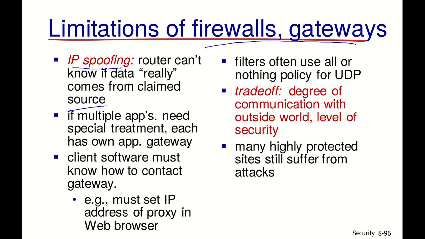It only checks the destination and source IP address, so we cannot know whether the IP address written in the packet is the real one. For application gateways, if we have multiple applications, then we need different gateways or different types of proxy for different applications. This is not really efficient. And the client-server software must know how to contact the gateway. For example, with a web browser, we have to set the proxy in our browser.